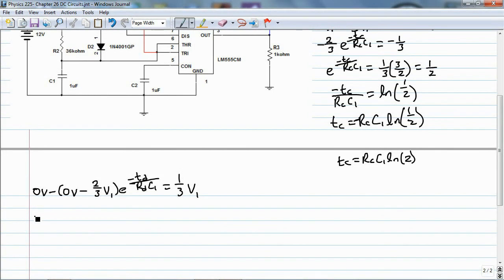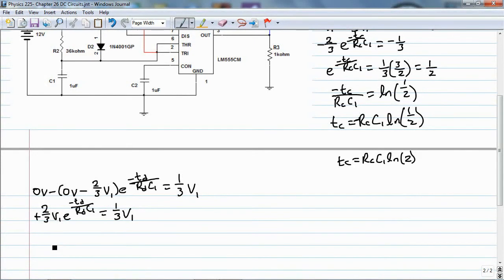So I have negative, or actually positive, because I have a negative and a negative, positive 2/3 V1 e to the negative time discharge over RD C1 is equal to 1/3 V1.